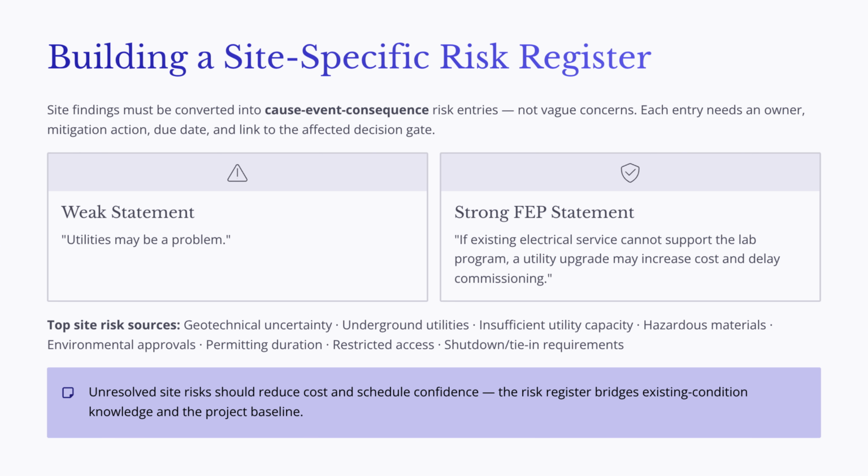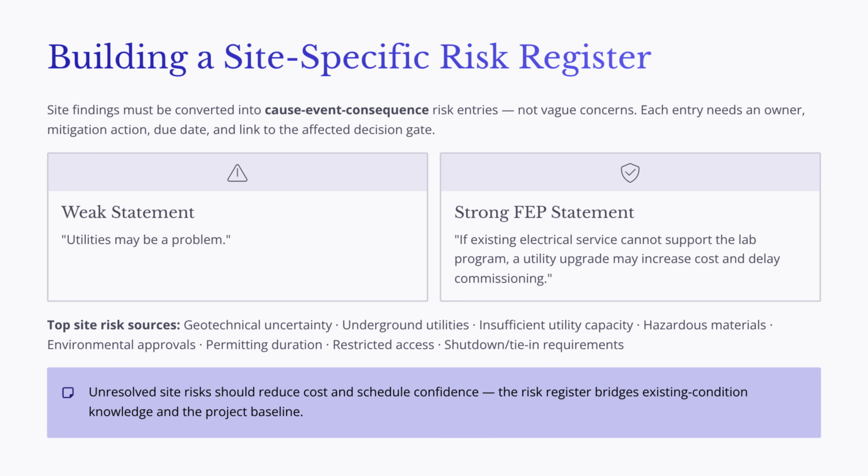Typical site-related risk sources include geotechnical uncertainty, underground utilities, insufficient utility capacity, hazardous materials, environmental approvals, permitting duration, restricted access, and shutdown or tie-in requirements. Each significant risk should have an owner, a mitigation action, a due date, a status, and a clear link to the decision gate it affects.